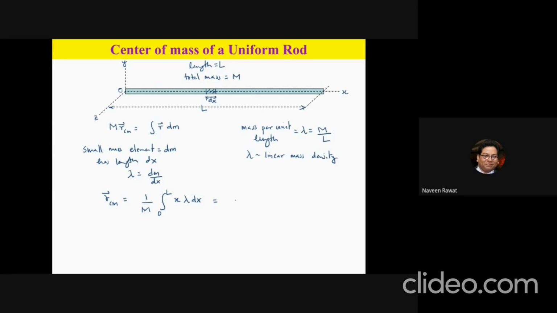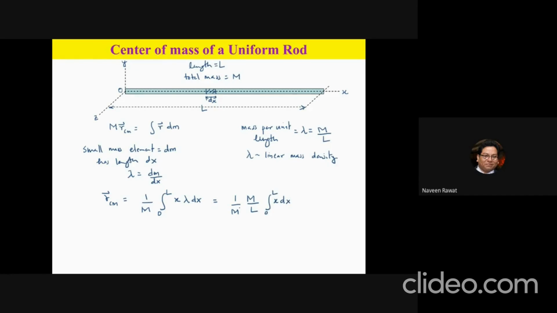And we know what lambda is. Lambda is m over L, and those two are constant, so they can come out of the integral, and so you will have x times dx from 0 to L.